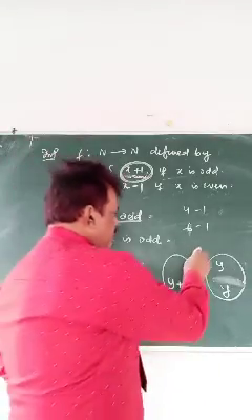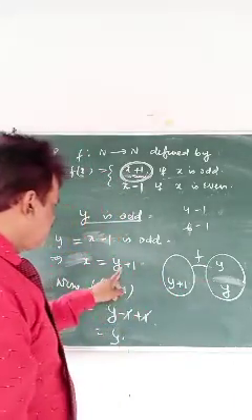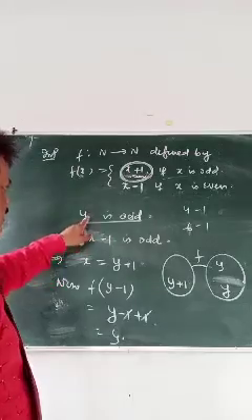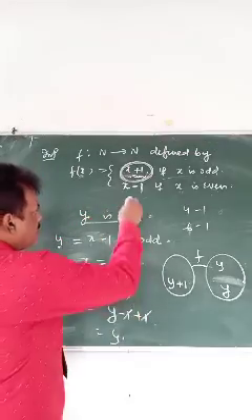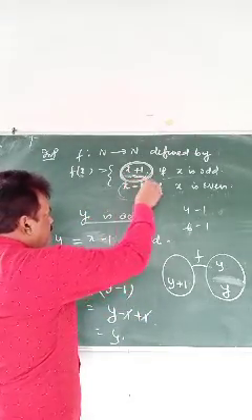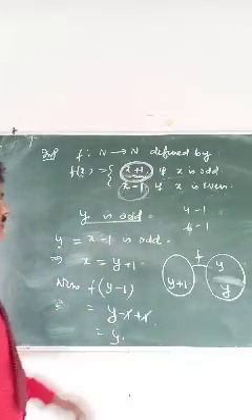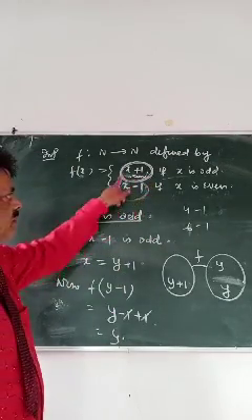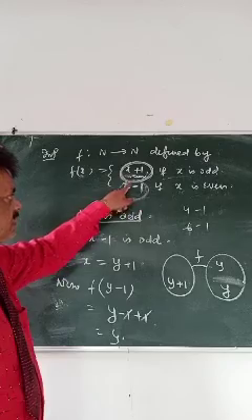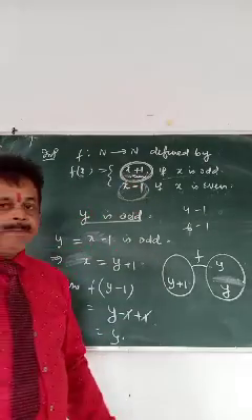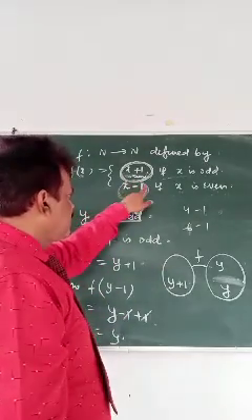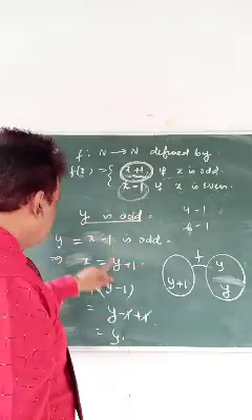So y plus 1, try to check it again. I am telling you which one is y. Actually this is your y. This is odd. This will become odd when an even number is subtracted by 1, it will be an odd number.